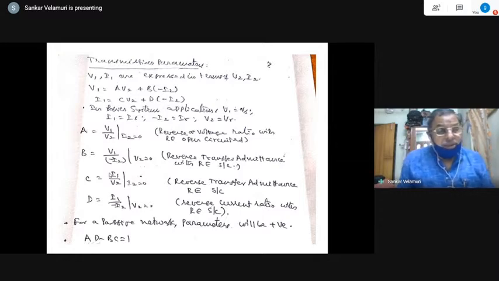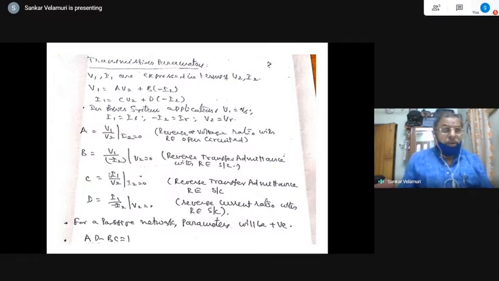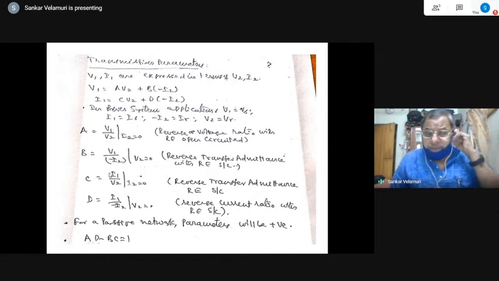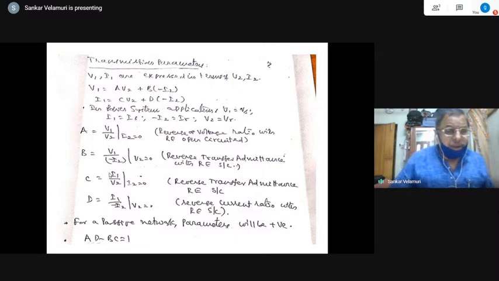That means transmission parameters can be represented in impedance parameters or admittance parameters or hybrid parameters, etc. So I told you yesterday that each parameter can be expressed in terms of each of the other parameters. That is the meaning of interchangeability I would like to mention.